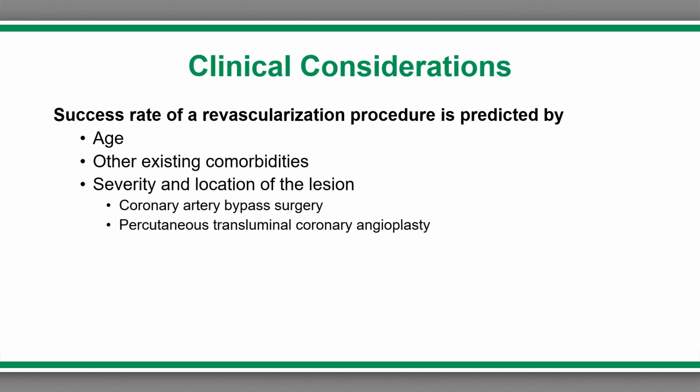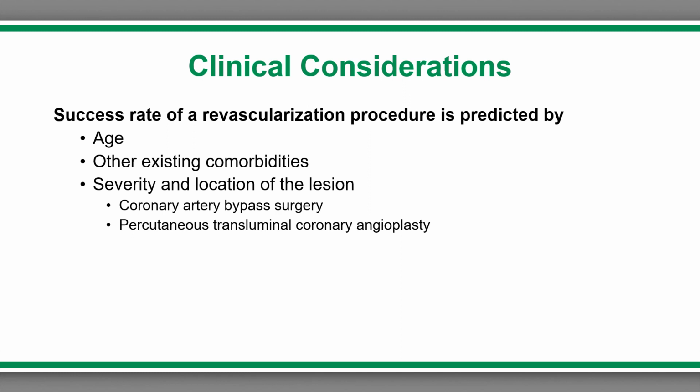The outcome of having any revascularization procedure is going to be influenced by a number of factors, and they're going to be on the next table, table 15.1, which I'll let you take a look at. But it depends on age. The older you are, as someone gets elderly in their 70s and 80s, the success rate is lower, they have more disease.